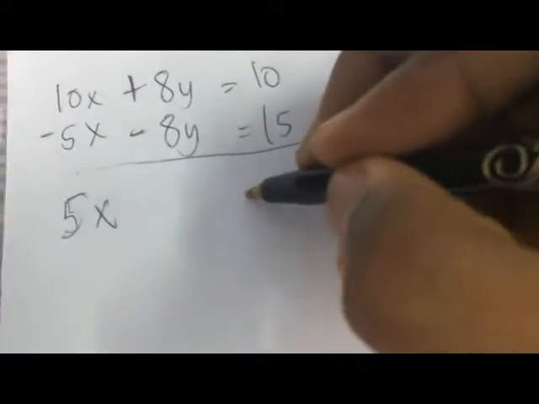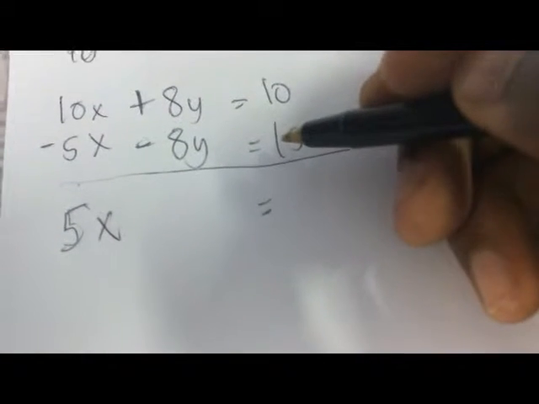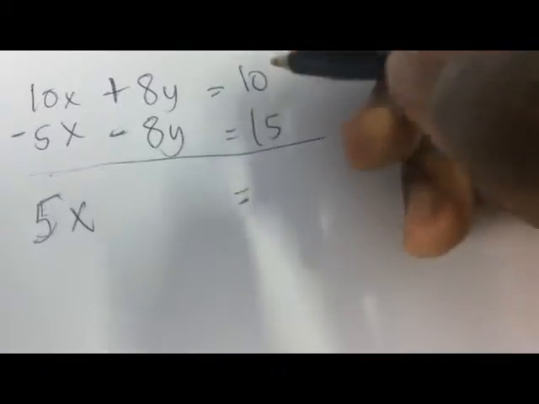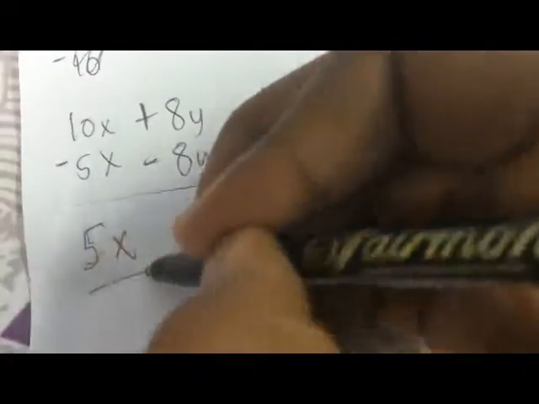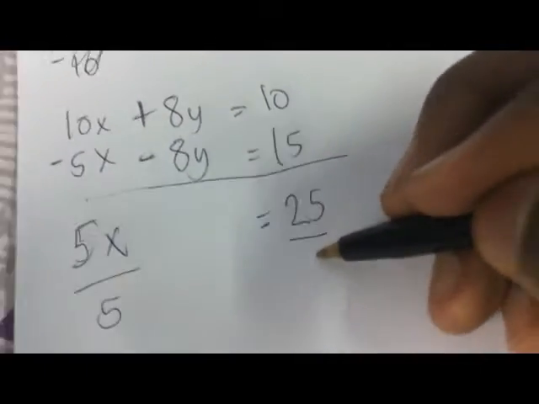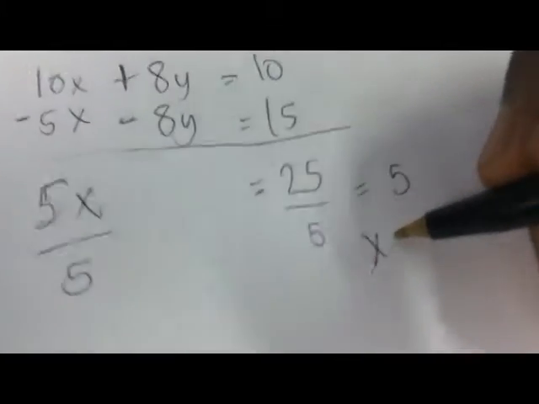So we have to write that equals 10 plus 15. We are adding those because there's no negative numbers here, both are positive. So 10 plus 15 equals 25. So 25 divided by 5 equals 5. So the x equals 5.